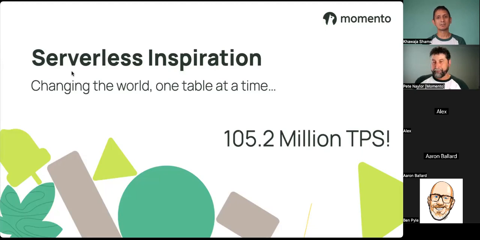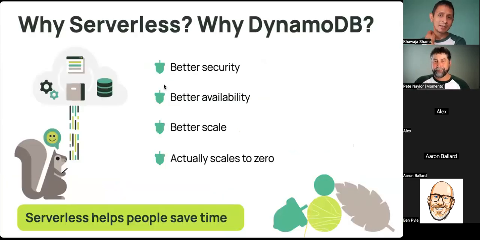Yeah, and I take a lot of inspiration from the way DynamoDB works. I mean, the fact that in aggregate, the internal customers at Amazon were able to run over 100 million TPS without knowing all the internal details is quite powerful. And I think in terms of serverless services, Dynamo covers the essence of serverless the best. You get better security, better availability, better scale.